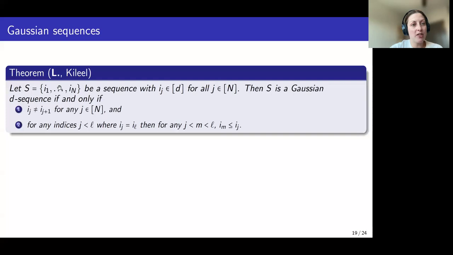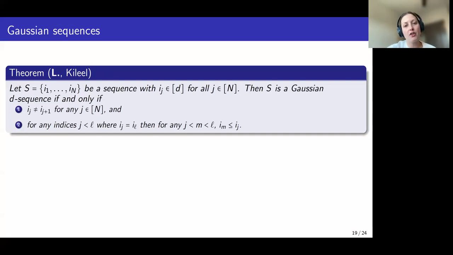This is a Gaussian D sequence if and only if, first, any two subsequent integers are not the same. This should make sense from a Gaussian Voronoi cell perspective, because if I had two integers that were the same, that would correspond to going from one cell to the same one right next to it. So we would just count that as one cell. That one is kind of a technicality.